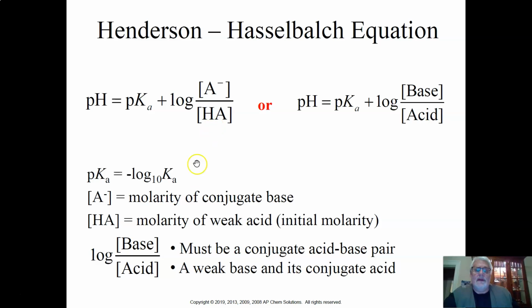And you remember, HA is representative of an acid, and it's very important that you know that A minus is going to be the concentration of the conjugate base of that acid. That's why they use those terms. So saying base over acid falls a little bit short of what it's really getting into.